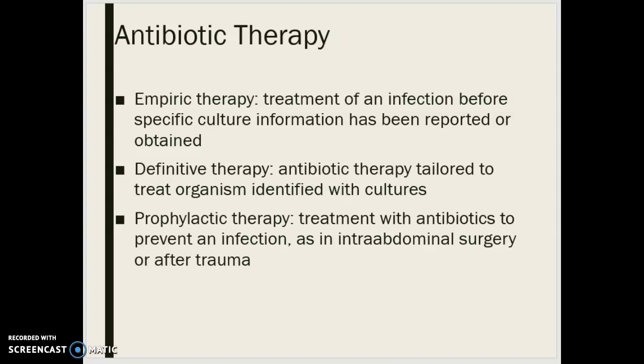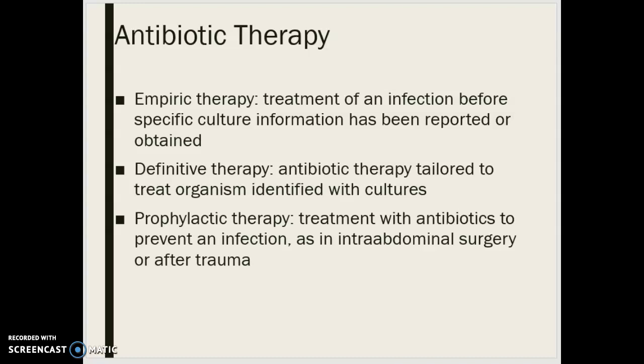So when we think of spectrum, we can have broad spectrum. This is their spectrum of activity, and that refers to the range of the pathogenic organisms that are affected by that drug. So when we want a broad spectrum antibiotic, we give that. Then when the culture comes back, we will go to a narrow spectrum.